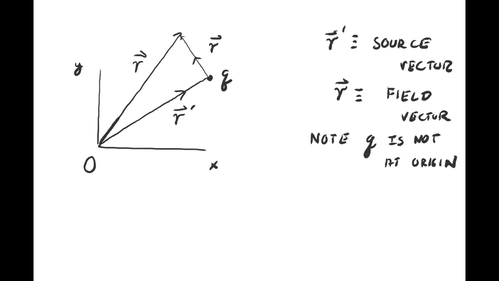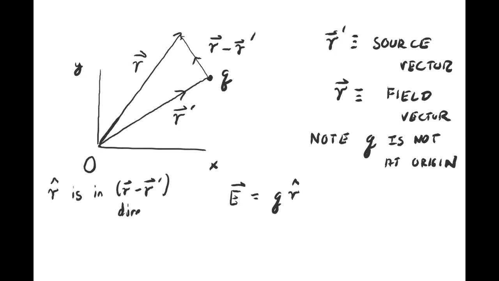And that vector is R minus R prime. So in this case, the electric field is a vector field. It points in the R hat direction. So R hat is in the direction of the vector R minus R prime. All consistent. I have my ubiquitous factor of 4 pi epsilon naught downstairs. But now I have the norm of the vector R minus R prime squared.